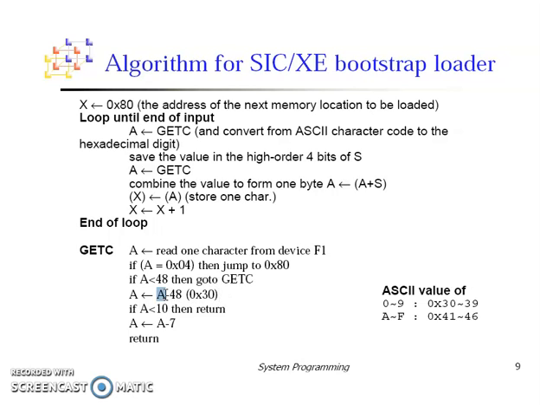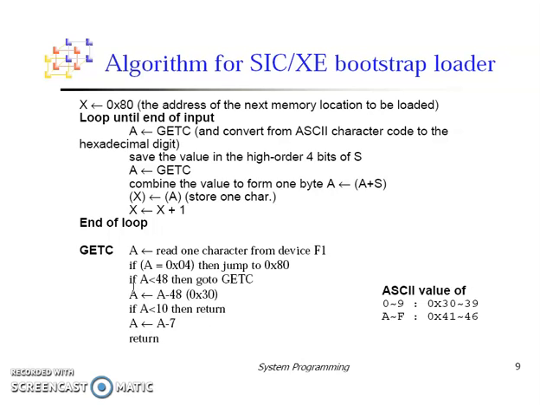Then it converts the value into its hexadecimal representation: A minus 48. If A is less than 10, then return; otherwise A is equal to A minus 7, and then return.